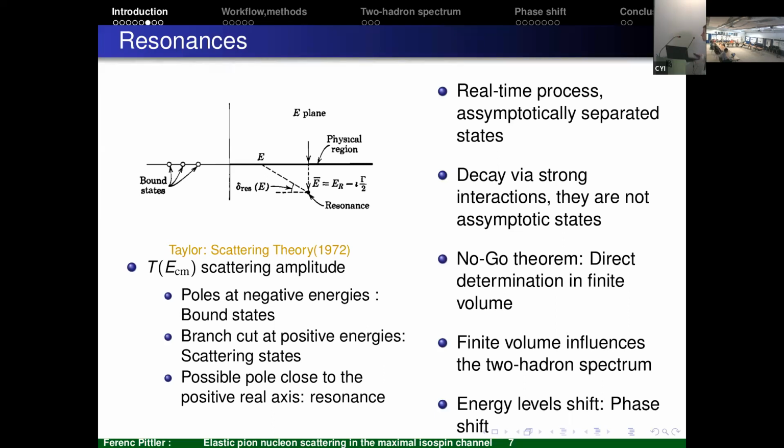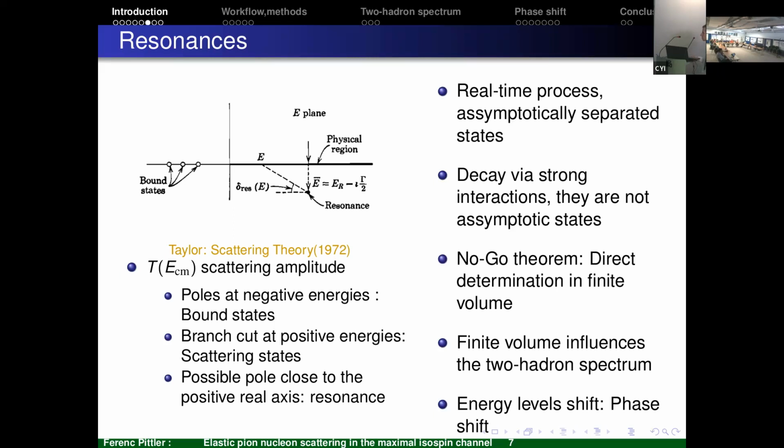And if you just look in a textbook about resonances, you will find that the way you calculate the properties of a resonance is basically that you have an approximation to the potential, and from the potential you compute the so-called scattering amplitude.